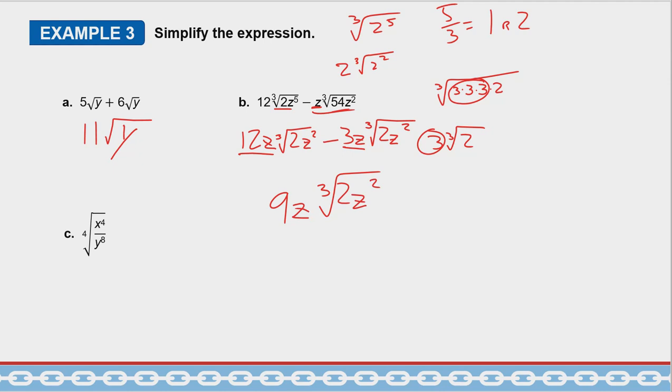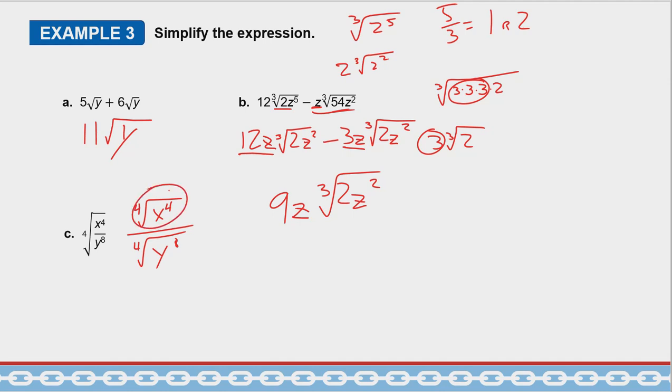For c, I have the fourth root of x to the fourth over y to the eighth. So what I am really going to do here is take the fourth root of each part, the numerator and the denominator, and that allows me to simplify.